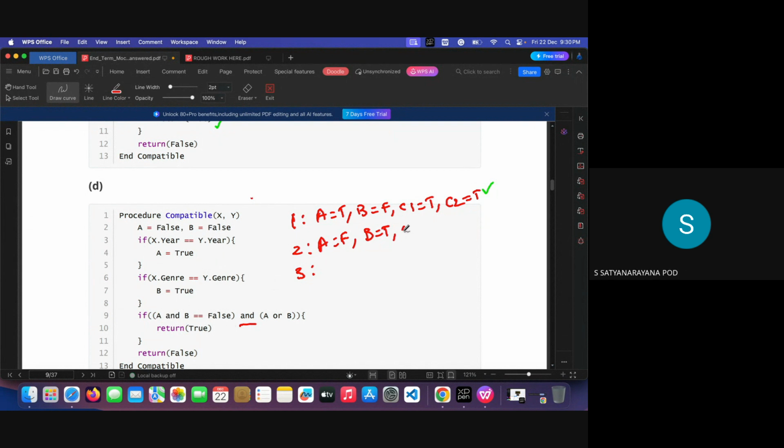Condition 1. B value is true now. A value is taken as false. Does my condition hold or not? Tell me. A value is right now false.